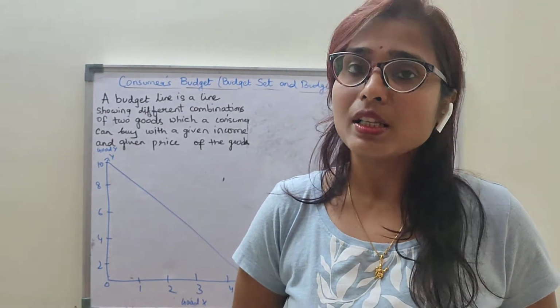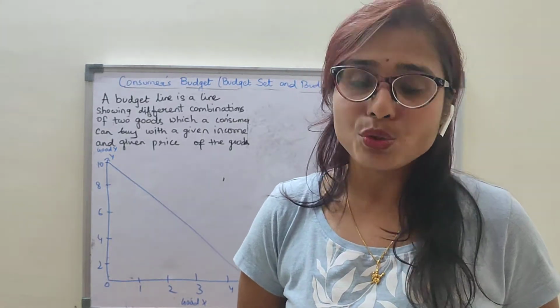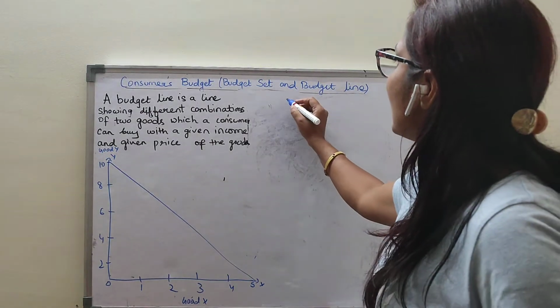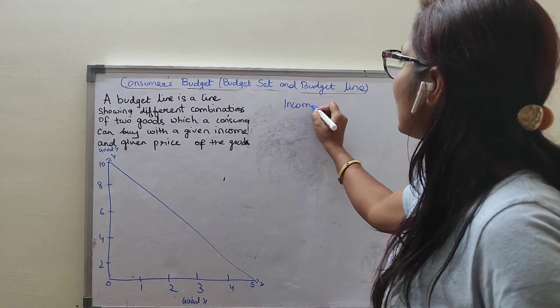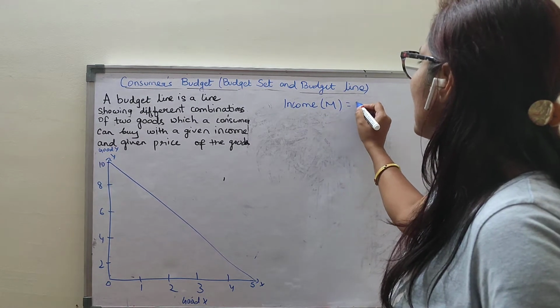Suppose income of the consumer, denoted as M, is rupees 50.